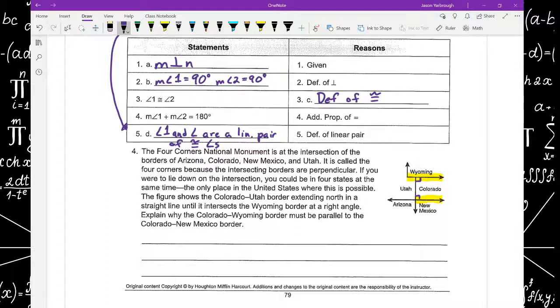Same side interior angles, to prove lines are parallel, have to be supplementary. If we have 90 plus 90, that is 180 degrees, so that proves that these are supplementary.